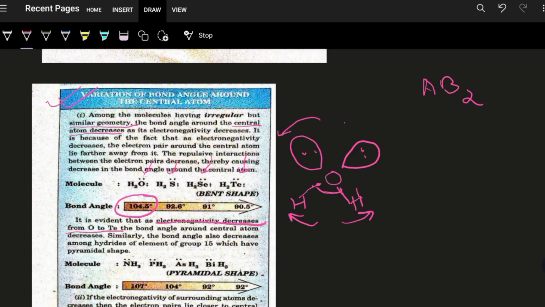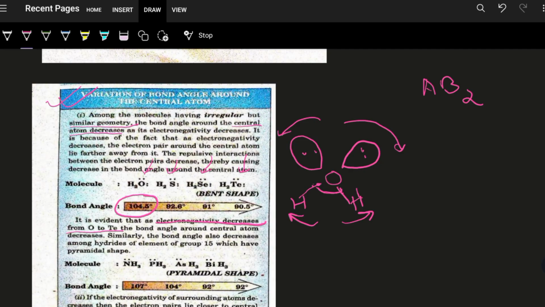Everywhere, in all the cases, lone pair repulsion is greater than lone pair-bond pair repulsion, which is greater than bond pair repulsion. But then, what is the extra factor over here? The extra factor is the electronegativity of the central atom.